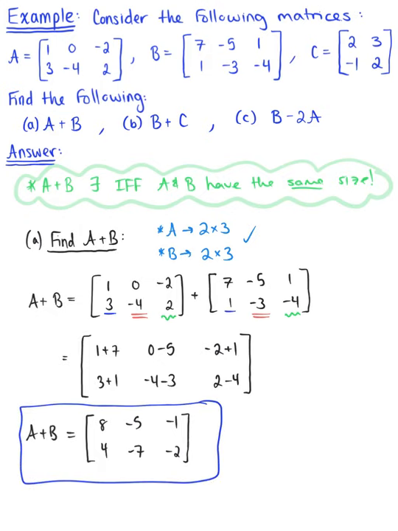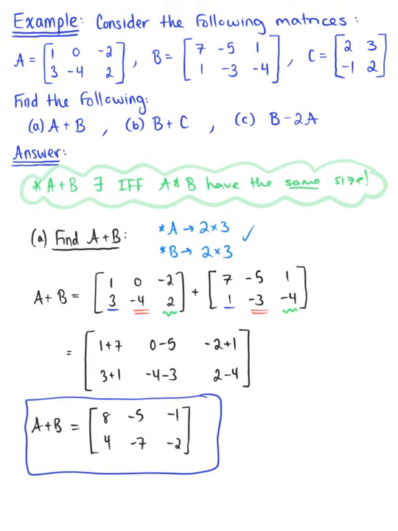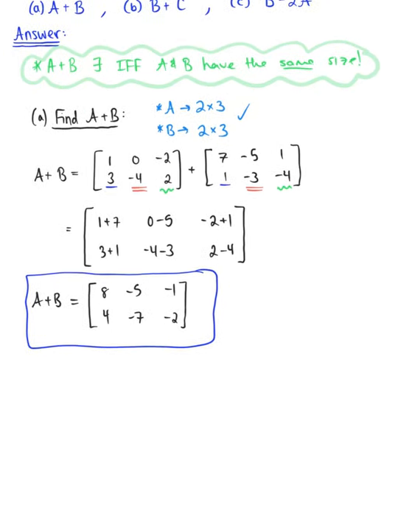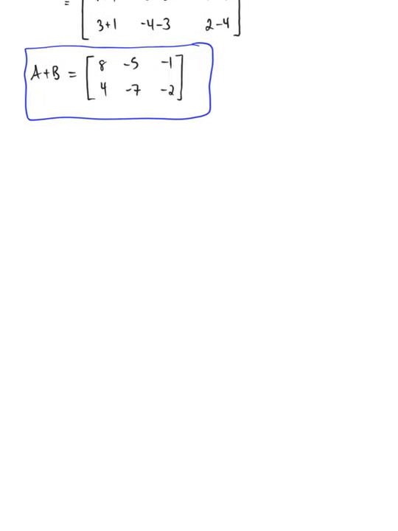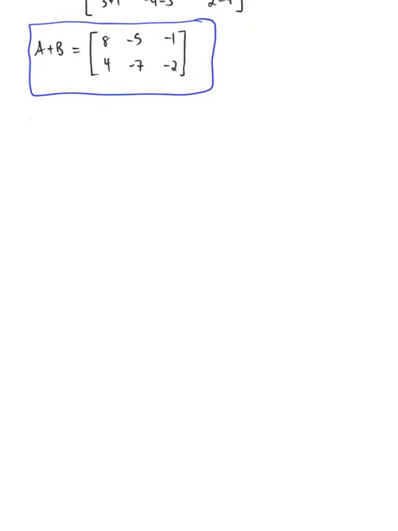So now we want to go ahead and apply a similar method to part B. In part B, we are asked to find the sum of matrix B plus matrix C. And now again, to get us started here, let's simply think about the sizes of these matrices. So matrix B, we know, is a 2 by 3 matrix.